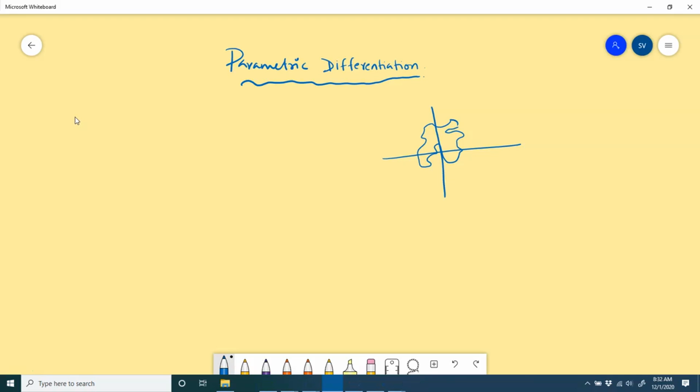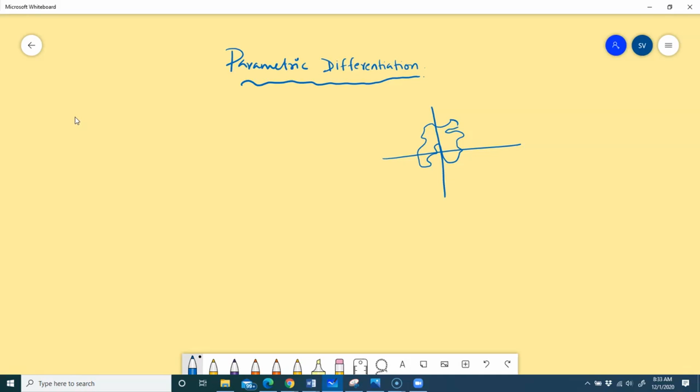Before I explain the functions in detail, let me explain how to find the derivative of those kinds of functions. As you know, the derivative means the rate of change.